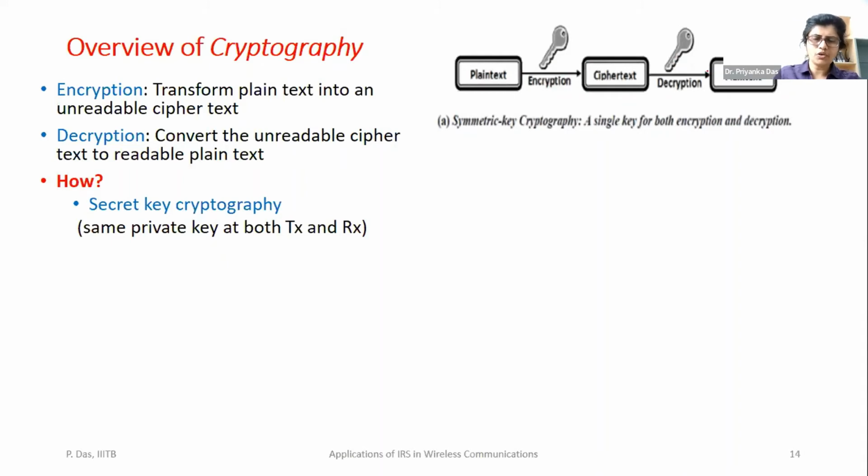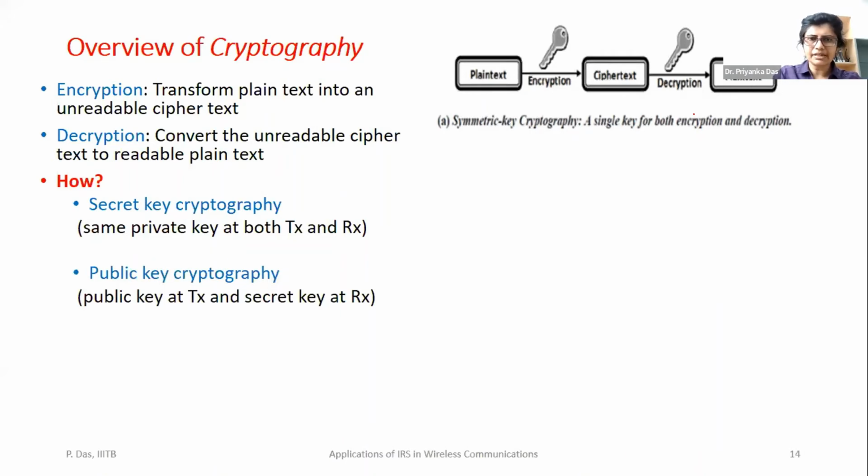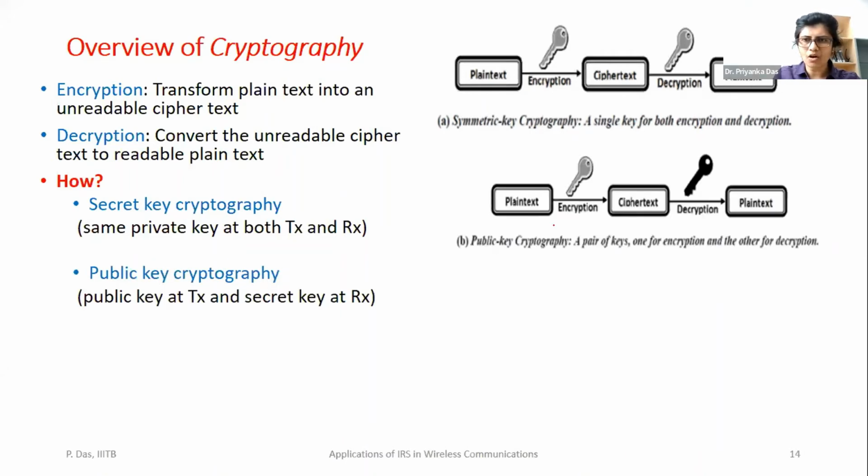Now, depending on your key mechanisms, you have three different sets of cryptography. The first is secret key cryptography, where we use a private key, the same key for encryption and decryption. A single key will be used. Second is public key cryptography, where we talk about encryption using a public key and decryption using a secret key, and they are distinct.